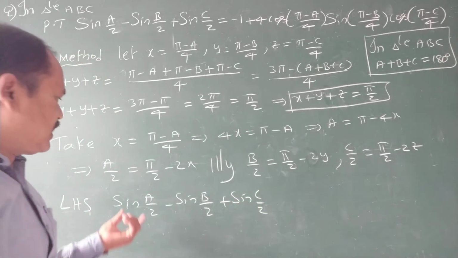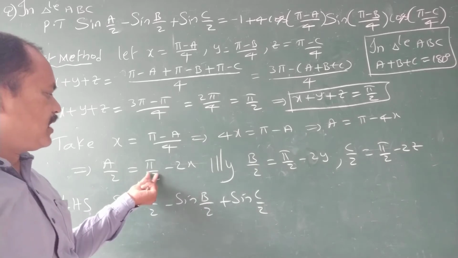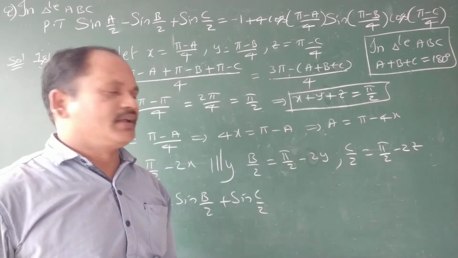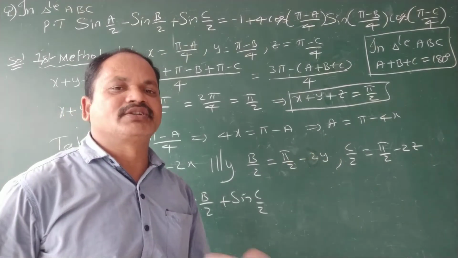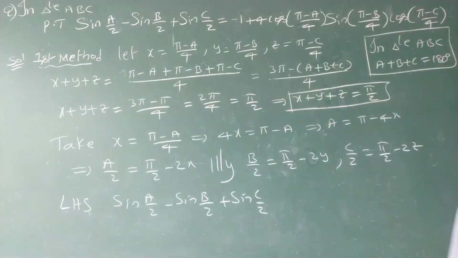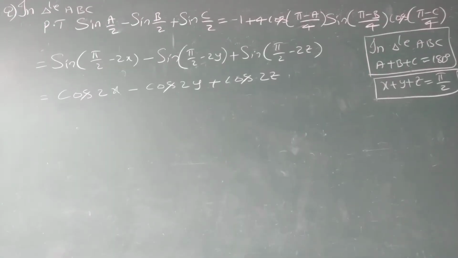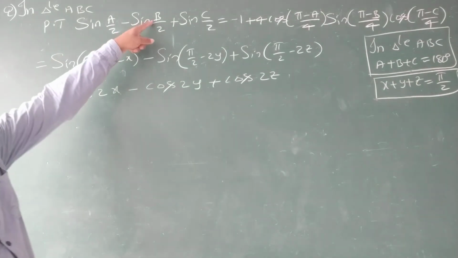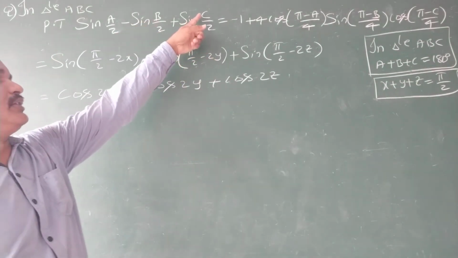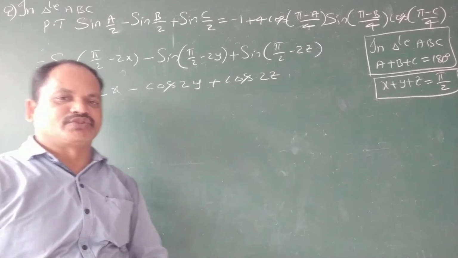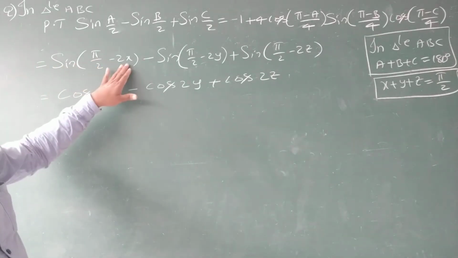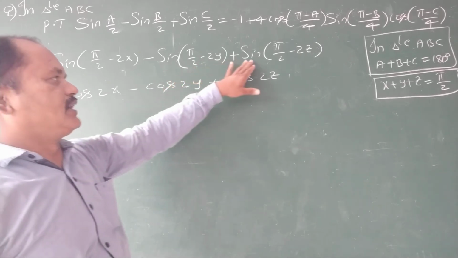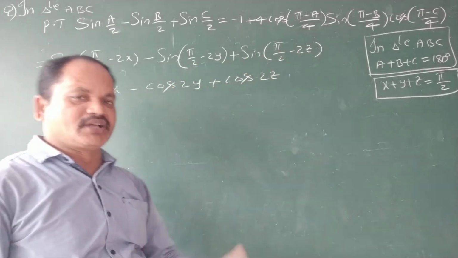In place of A by 2 we write pi by 2 minus 2x, in place of B by 2 pi by 2 minus 2y, and in place of C by 2 pi by 2 minus 2z. Then sin of pi by 2 minus 2x is cos 2x, sin of pi by 2 minus 2y is cos 2y, and sin of pi by 2 minus 2z is cos 2z.